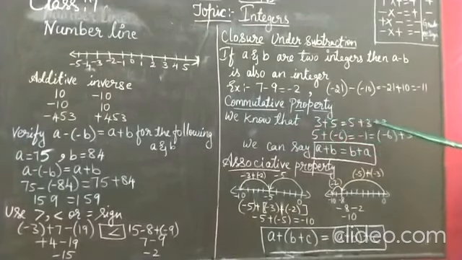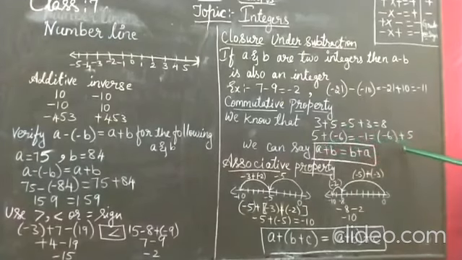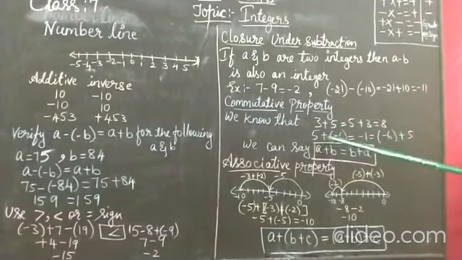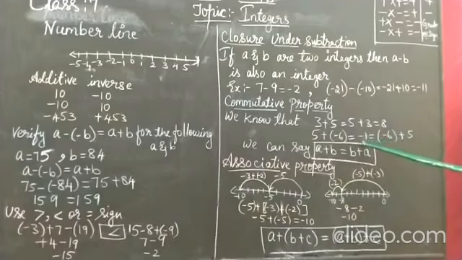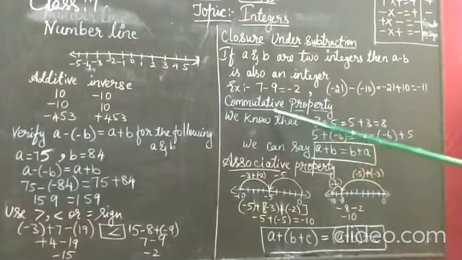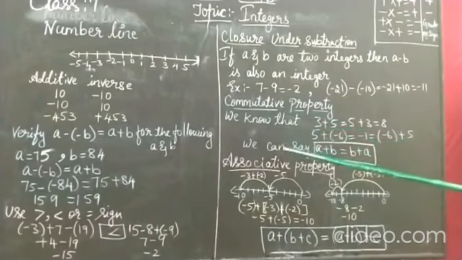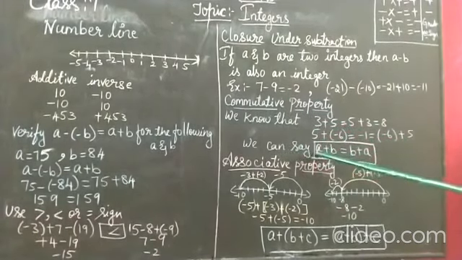Not only for the natural numbers, even for the integers, the same property holds. That is 5 plus of minus 6. Plus into minus is minus. Minus 6 plus 5 will give you minus 1. Similarly here, minus 6 plus 5, the same, it is minus 1. So our commutative property says, once we come to integers, you are learning everything with variables.